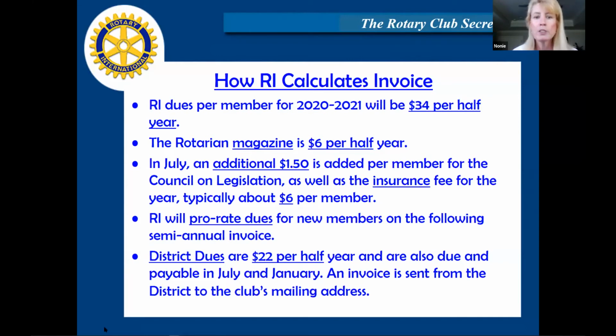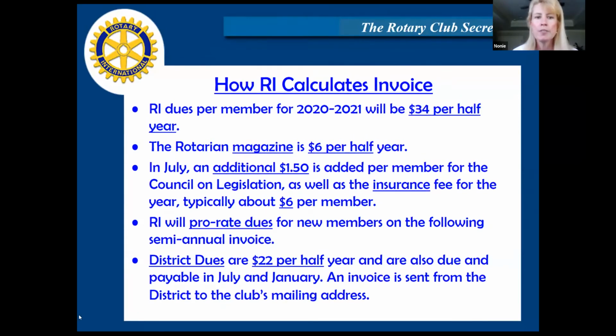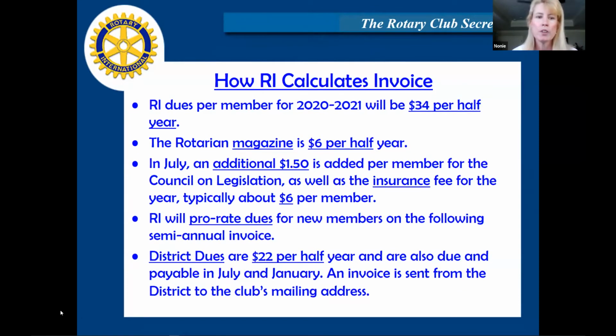RI will prorate dues for new members on the following semi-annual invoice. So if you have somebody there only for 3 months, as long as you're keeping your information up to date on Rotary.org, they're going to get prorated just for that amount. District dues are $22 per half year and are also payable in July and January.